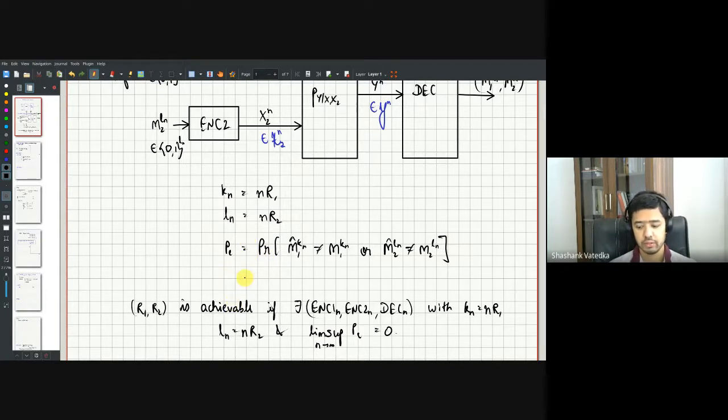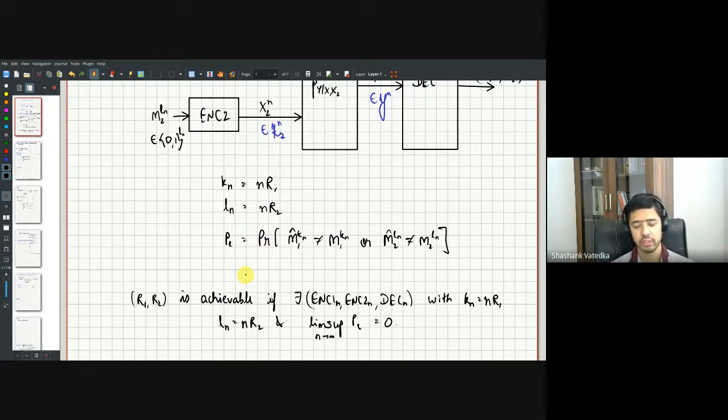And we'll say that for a given two user multiple access channel, a rate pair R1 comma R2 is achievable if you can construct sequences of encoders and decoders which encode n times R1 and n times R2 bits respectively to code words of length n, such that the probability of error is vanishing in n.